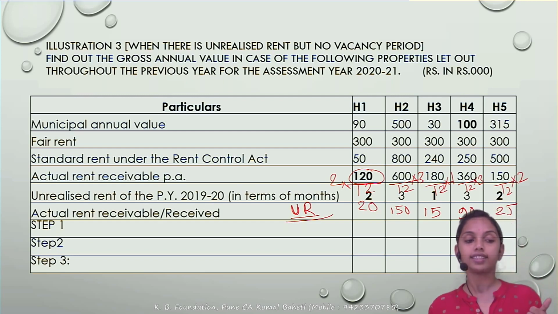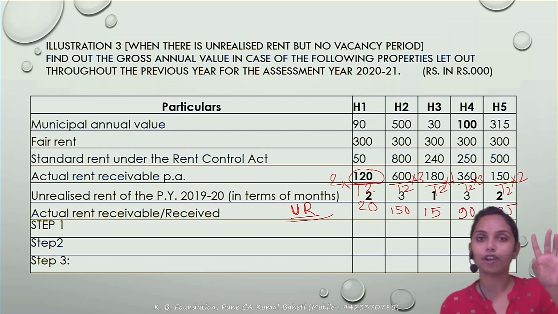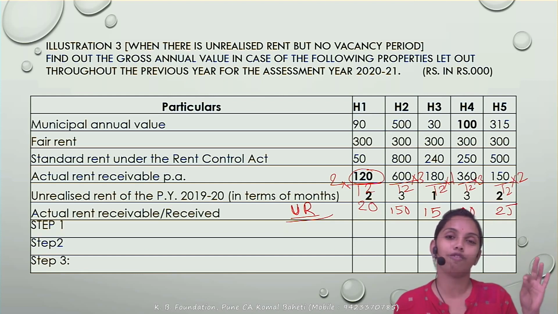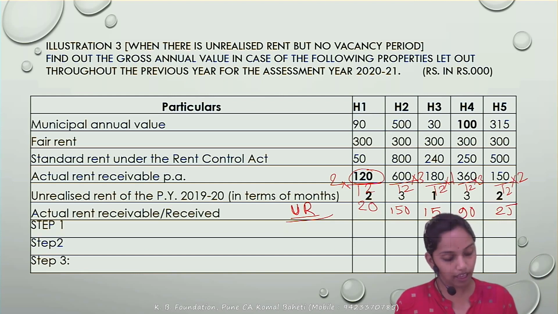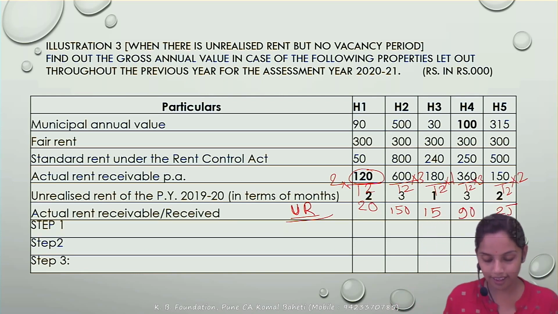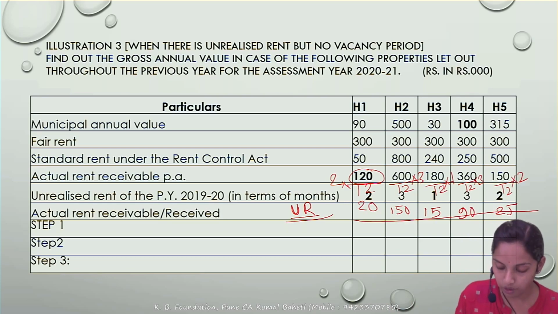The unrealized rent is allowed to be reduced from the actual rent received or actual rent receivable per annum. Correct? So 120 minus 20, assuming the three conditions had been satisfied. So actual rent received कितना हो जाएगा? 100. In this case it becomes 450. In this case it would be 165. In this case it would be 270.